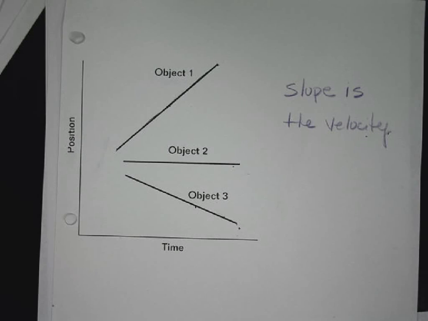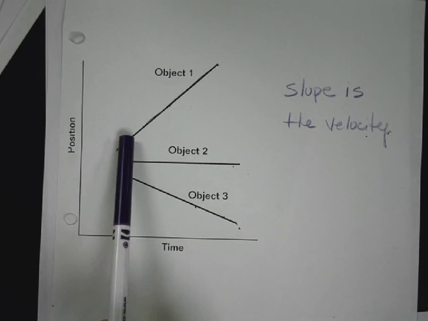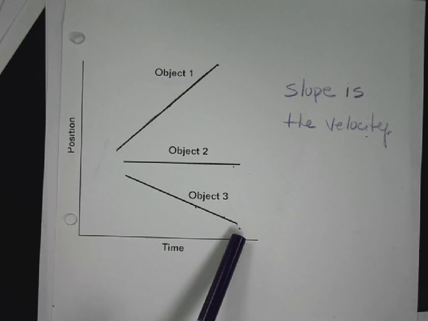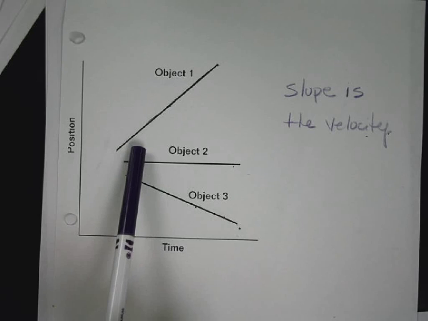All right, so let's take a look at this. This is also a position versus time graph. And remember, the slope tells you the velocity. So if I were to ask you which one of these lines has the fastest velocity, I'm hoping you'll choose number 1. Number 3 has a slope, but it's not as steep as number 1.